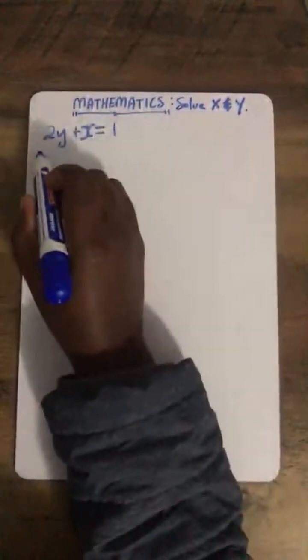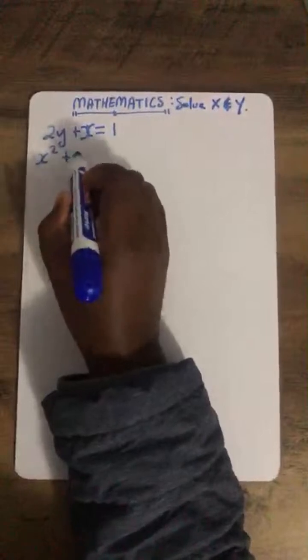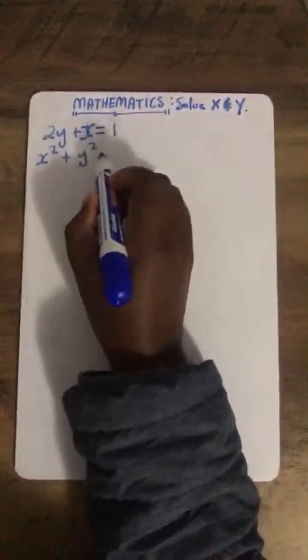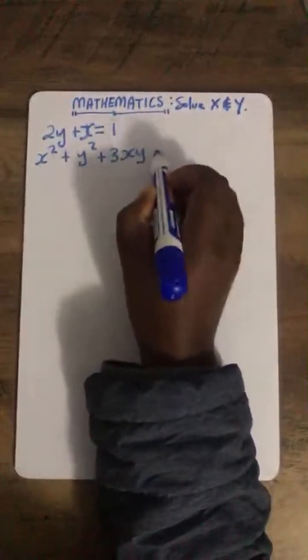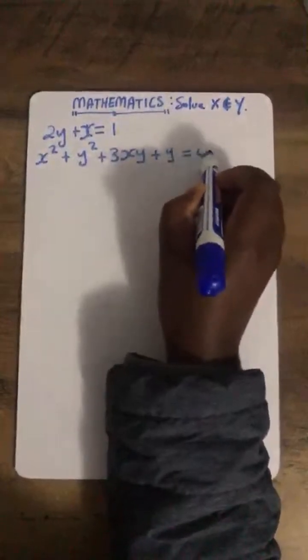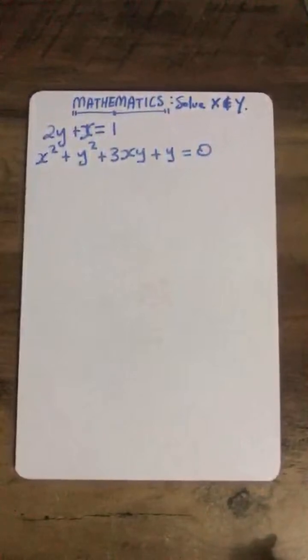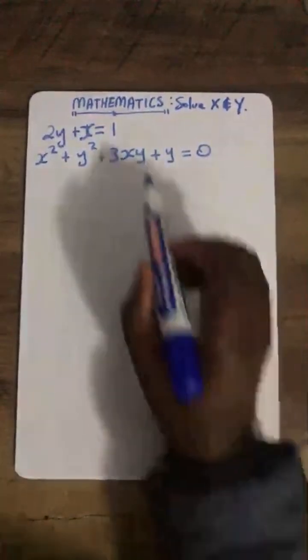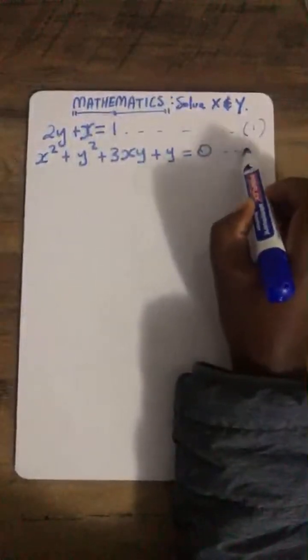And then you've got x squared plus y squared plus 3xy plus y, and all of this is equated to 0. What we are given, we can consider as equation number 1 and equation number 2.